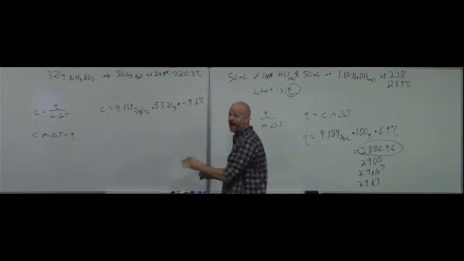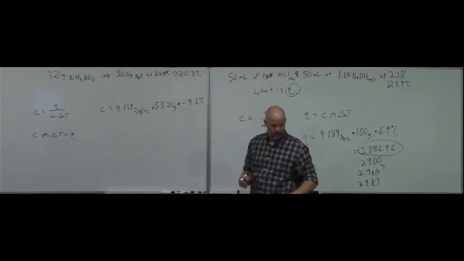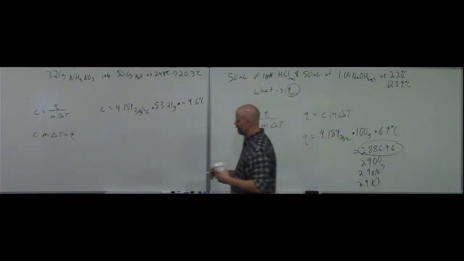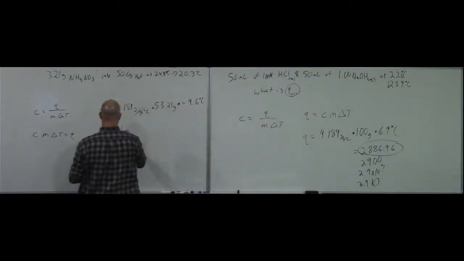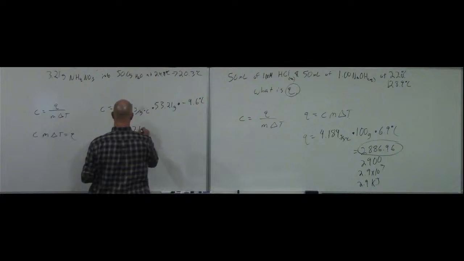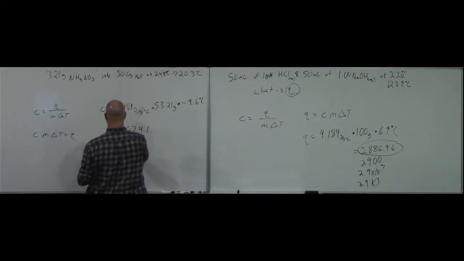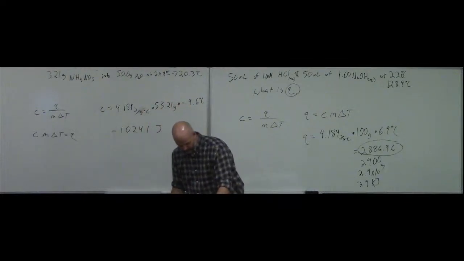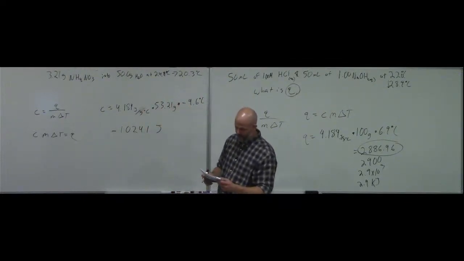When you run this math now, call it out when you get it, please. 1024.1. 1024.1 negative, right? Yes. Joules. Okay. Check and see if that's right. That is right.